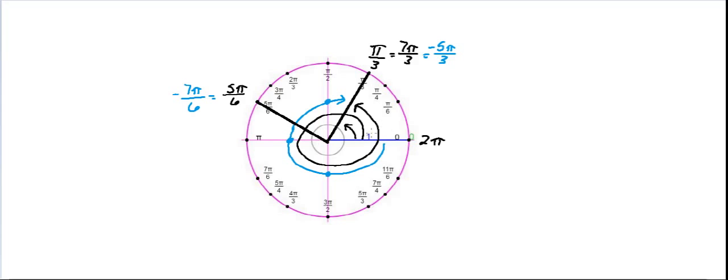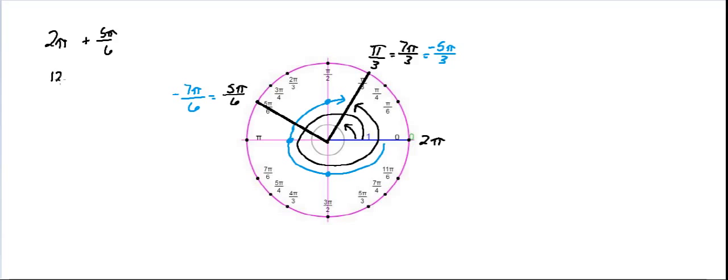But let's go in the positive direction, in other words, counterclockwise from 0. But this time we'll travel all the way around the circle once, giving us 2 pi, and then travel pi over 6. So 2 pi plus 5 pi over 6, if I wanted to add those together to find another coterminal angle, I would first have to change this 2 pi into a common denominator fraction.